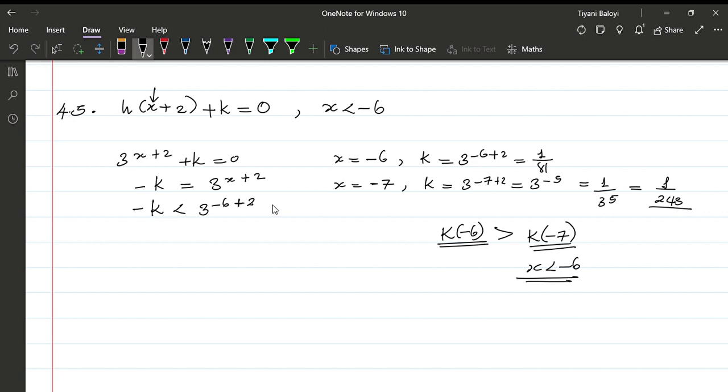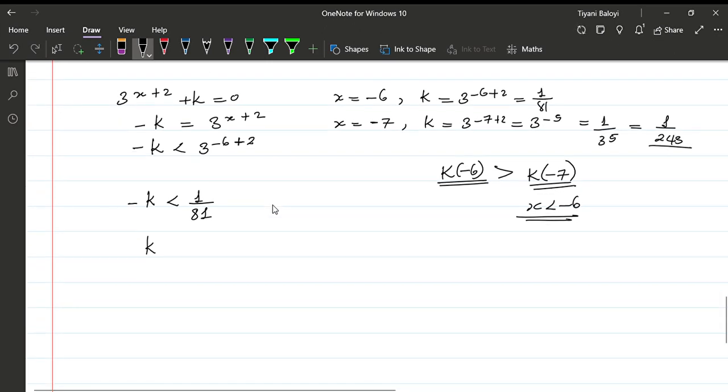So this will give us 3 to the power 4. We'll determine that side, so we have 1/81. Just for standard, we can change this: when you divide by -1, you invert the sign, because it's no longer the same. I won't get into that.